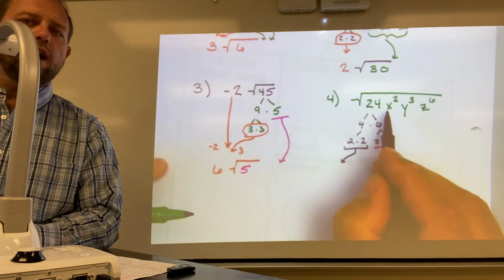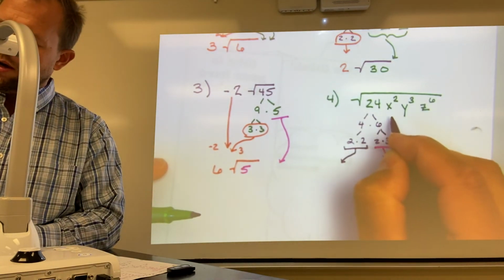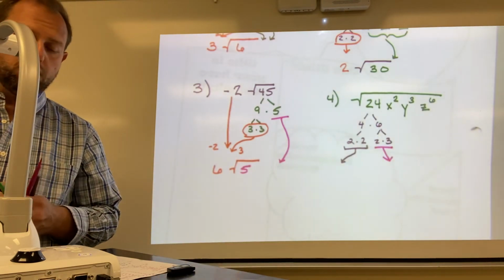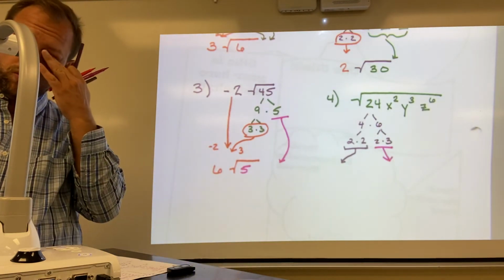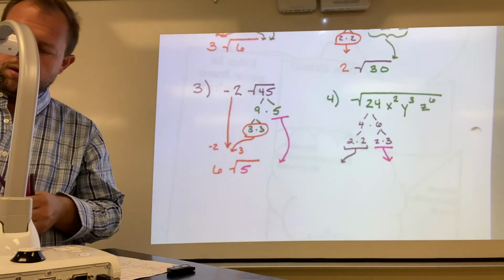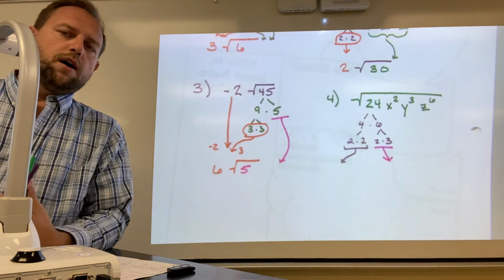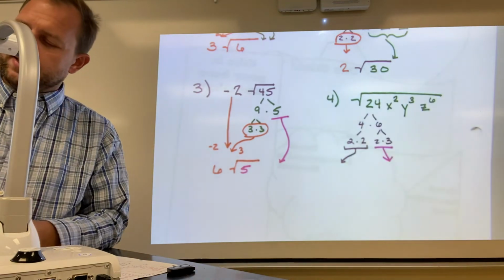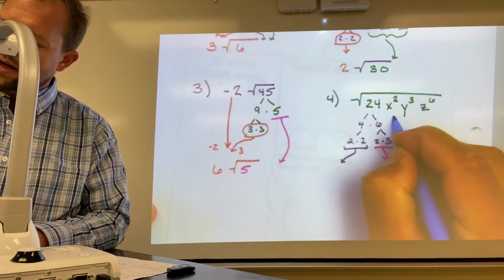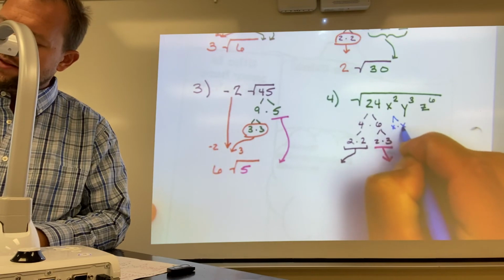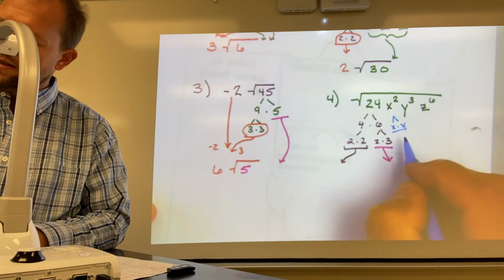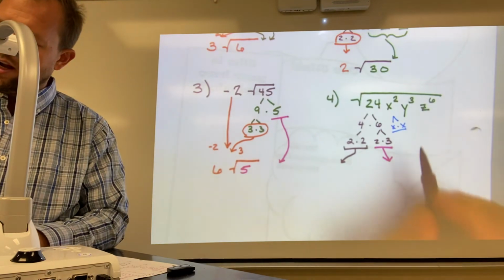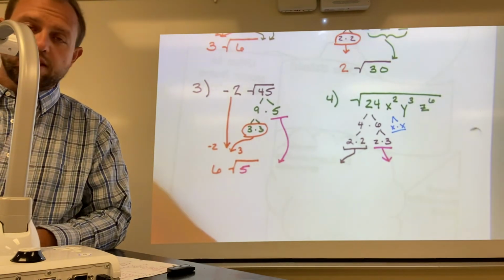With the x squared, remember, when we have a variable, we deal with the same base. X squared is simply x times x. Well, that's a pair of x's, which means one of them will come to the front and there's nothing left underneath.